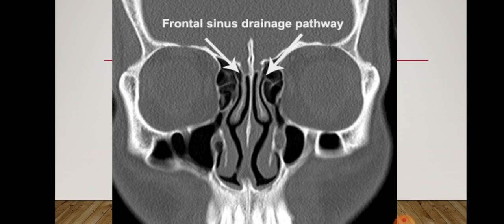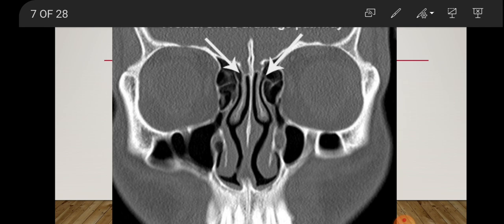Coming to this, this is the coronal section of the head and neck. This is also a CT picture, to show the paranasal air sinuses and the nasal septum. This is the orbit, two orbits, and this is the nasal septum in the midline.